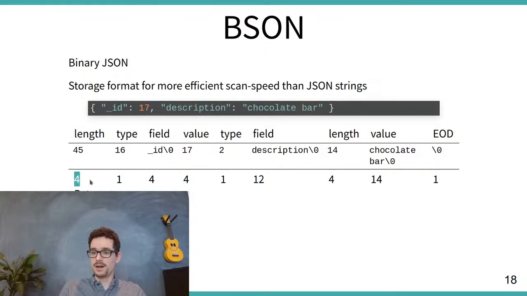The first 4 bytes in a file, which stores many of those documents, say what is the total length of the document. So the length field is always 4 bytes, and then 5, 9, 13, 14, 26, 30, 40, 44, 45. So the whole document is 45 bytes long.